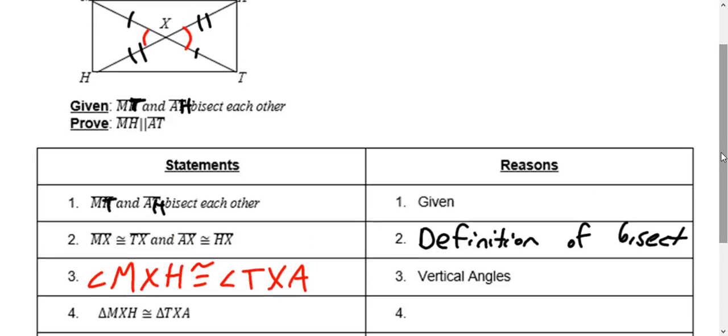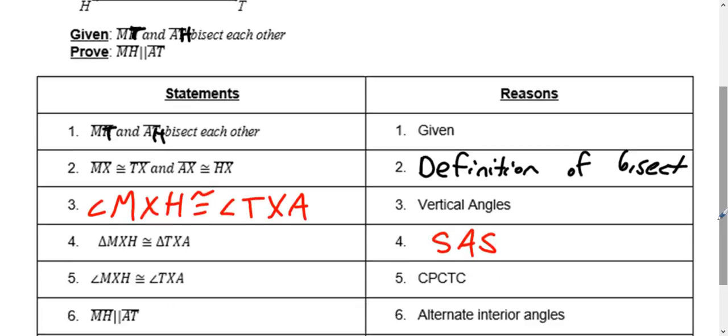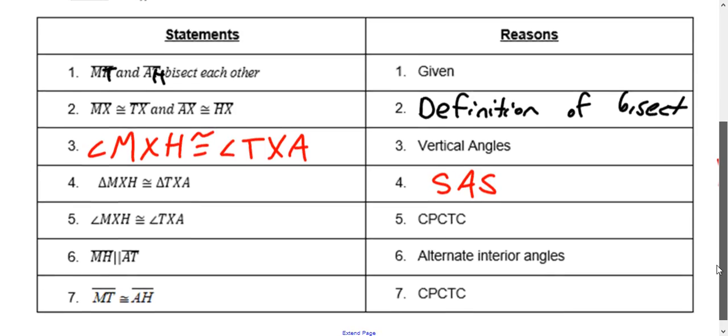So now the triangles are congruent because we have two sides and the included angle. So side, angle, side. And then the rest of the proof is done for us. So the angles are congruent, which makes the two sides be parallel because of alternate interior angles.